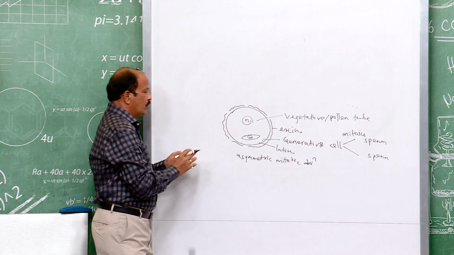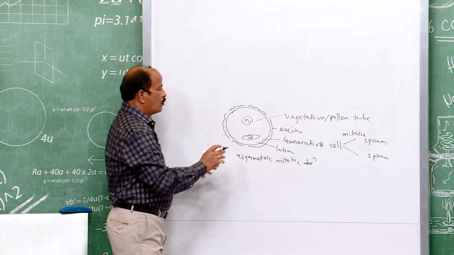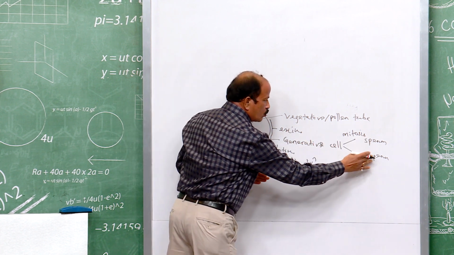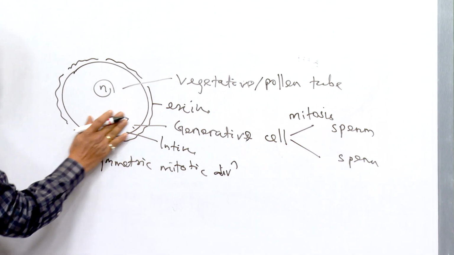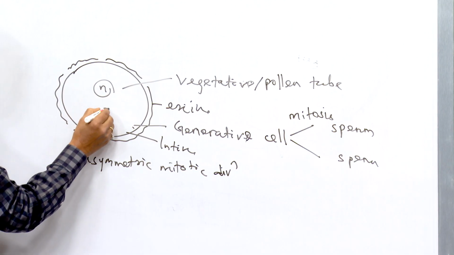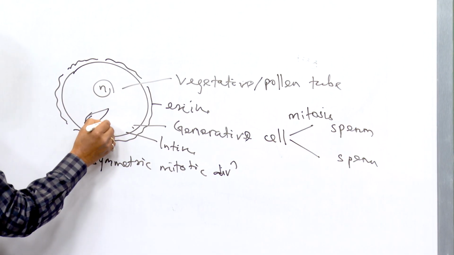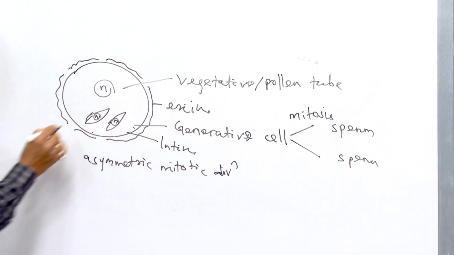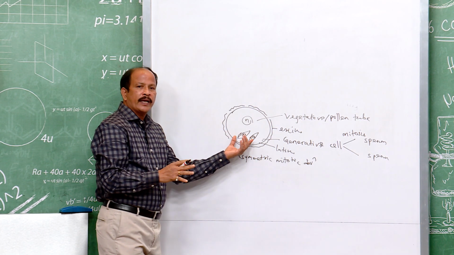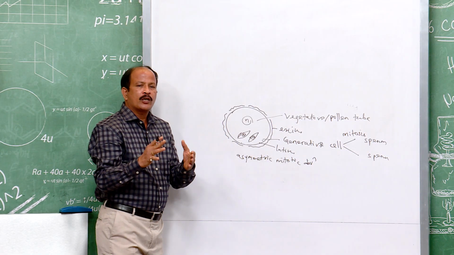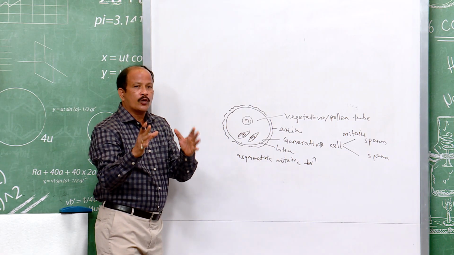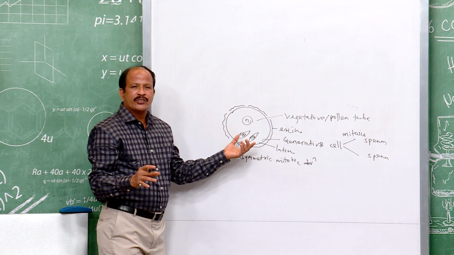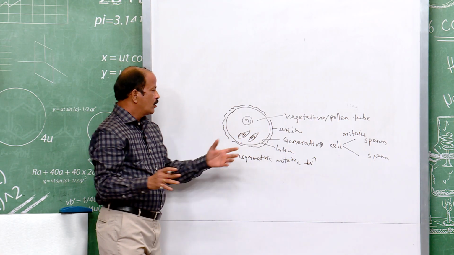So, this generative cell again undergoes another mitotic division to form two sperm cells. Ultimately, two sperms are produced here. These sperms are haploid and mostly filled with nuclei and a little bit of cytoplasm with organelles. Usually, the sperms do not have plastids in them.